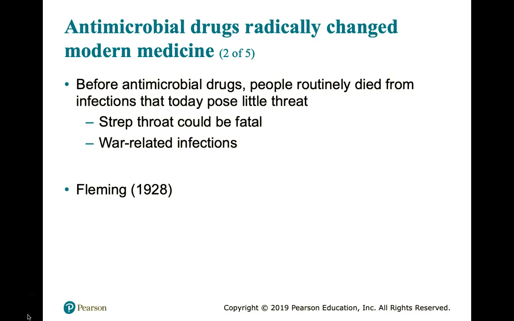The bacteria became really resistant to penicillin after a while, and then we switched to other antibiotics, and the amount of resistance to penicillin actually dropped. So it's very interesting to see how these antibiotics can fluctuate in their effectiveness. All right, but Fleming accidentally discovered it, and he's credited with discovering penicillin.